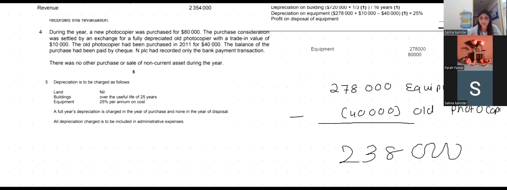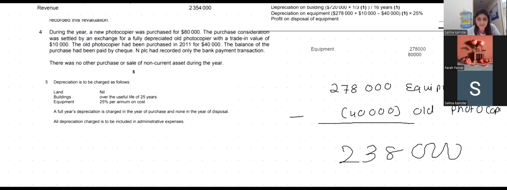New photocopier was for 80,000 and the purchase consideration was settled for a fully depreciated photocopier. That means you gave the old photocopier, you took the new photocopier, and you have paid 10,000 rupees.